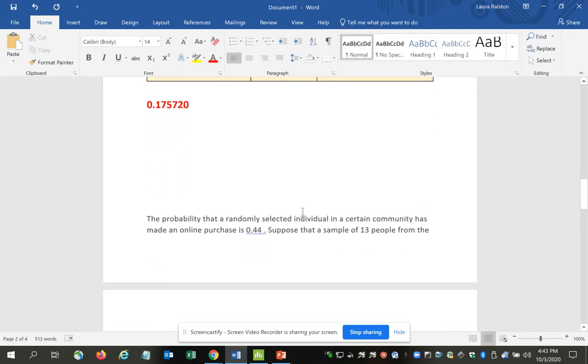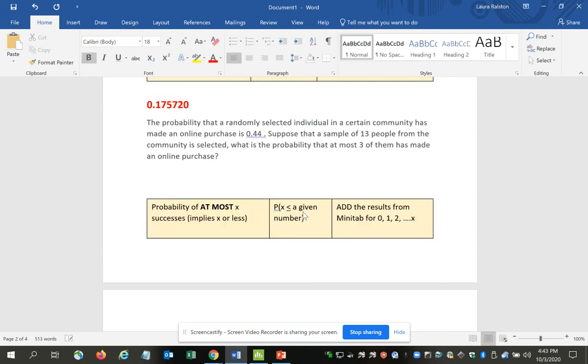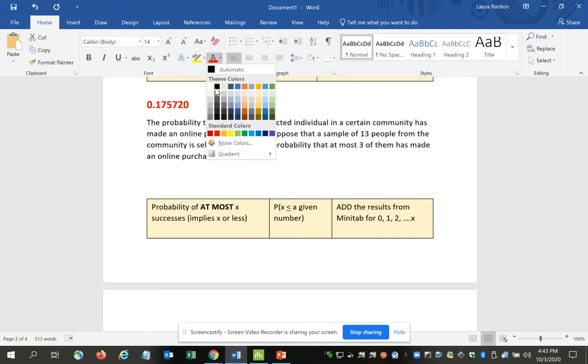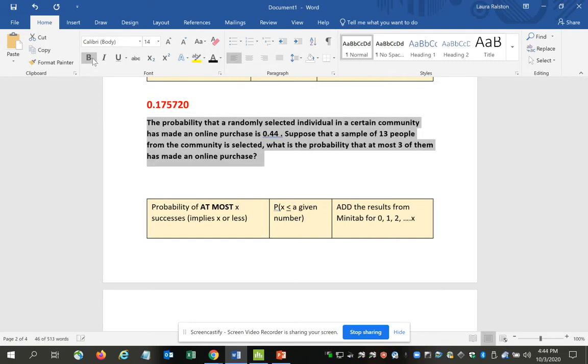It says, the probability that a randomly selected individual in a certain community has made an online purchase is 0.44. Suppose that a sample of 13 people from the community is selected.